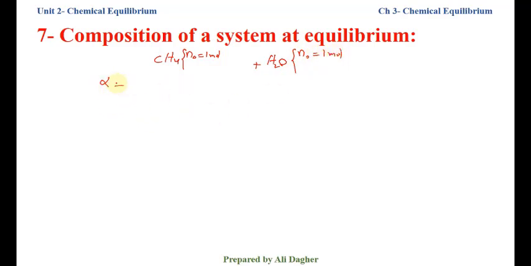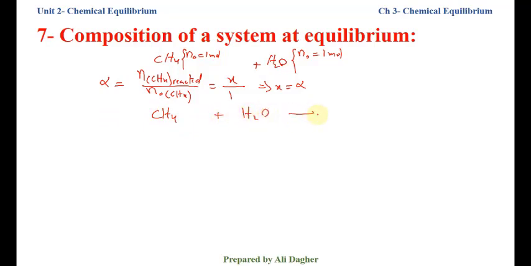Alpha is the degree of conversion of CH4, that means alpha equals the number of moles of CH4 reacted over N0 of CH4. That means it is X over 1, and N0 of CH4 is 1. Therefore, X equals alpha.